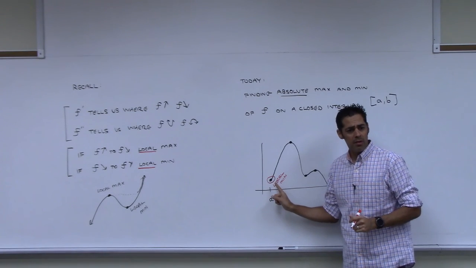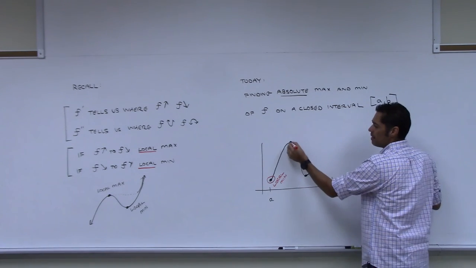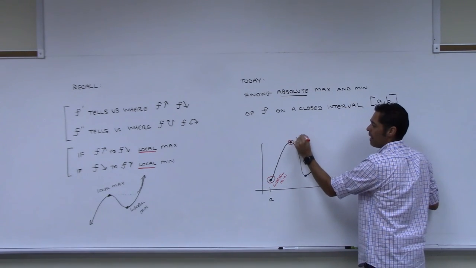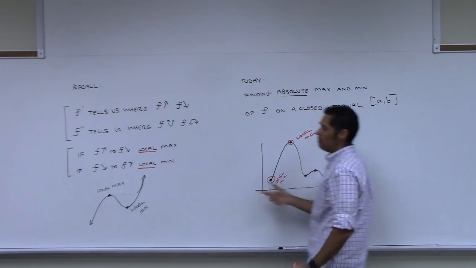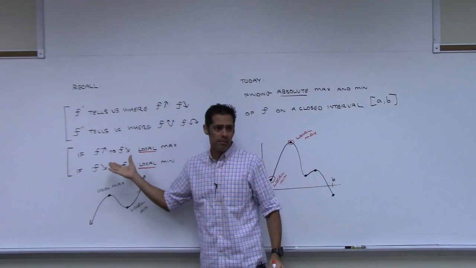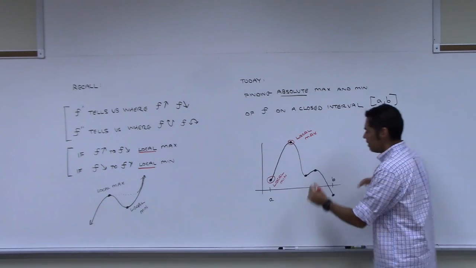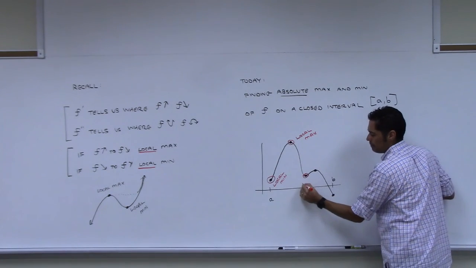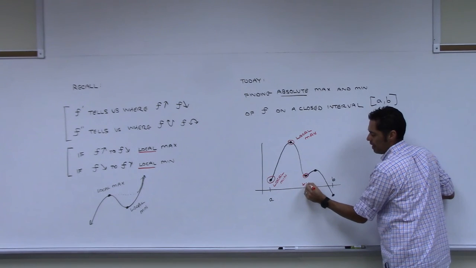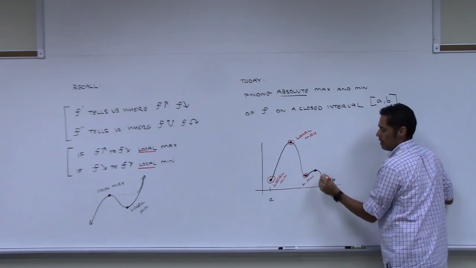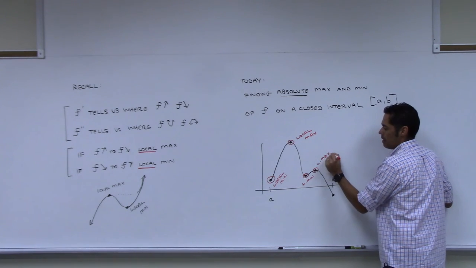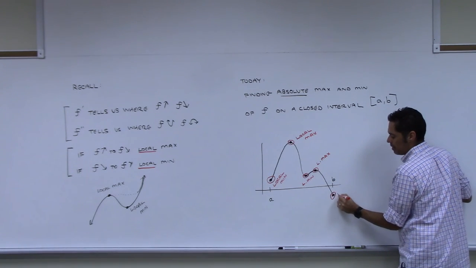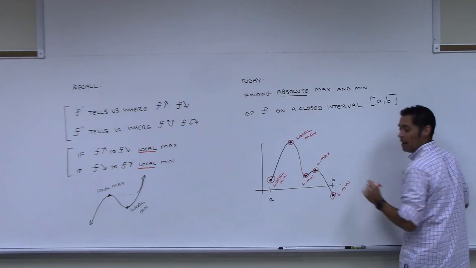Do you agree that's the lowest point? This right here would be a local maximum. And we could actually find where that happens. This would be a local, what? Minimum. I'm just putting L min, is that okay? And then here, this would be a local max. And then this point right here would be a local minimum, right?